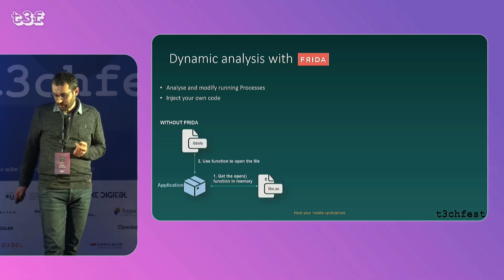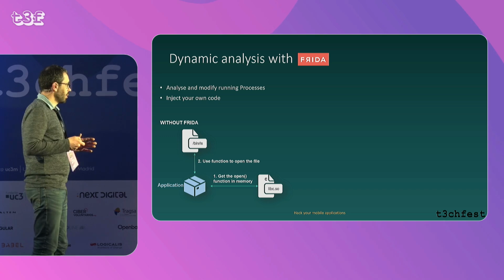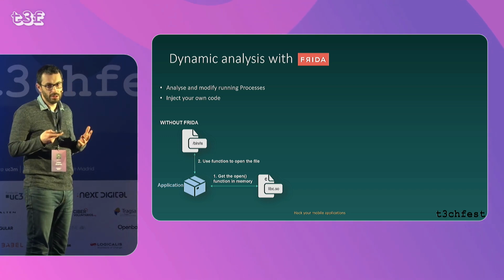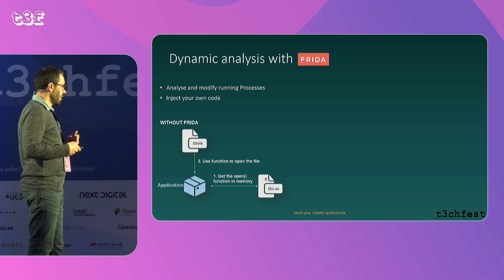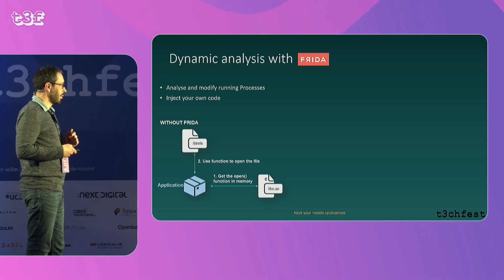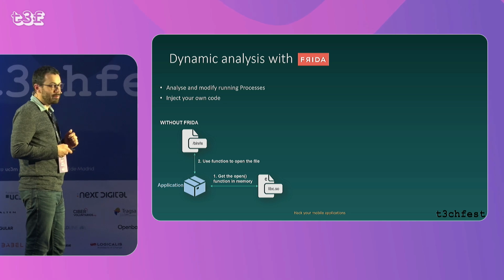How it works? In fact, without Frida, you have your application here, and at the beginning of the application, it will go to the memory. It will go to the library. For example, if you have the method open in your application, the application will load this library and put the open function in memory.